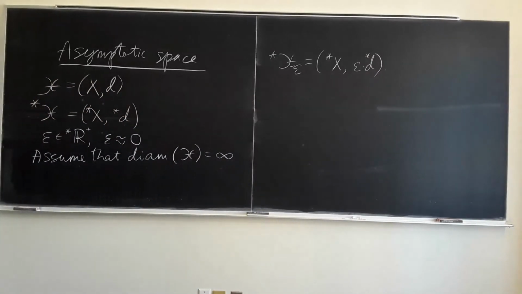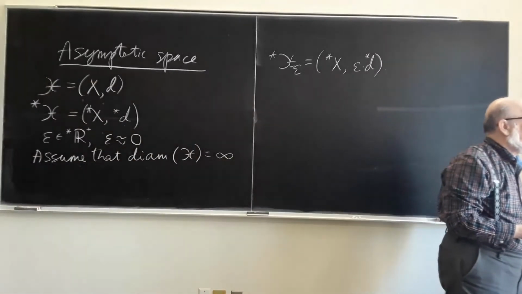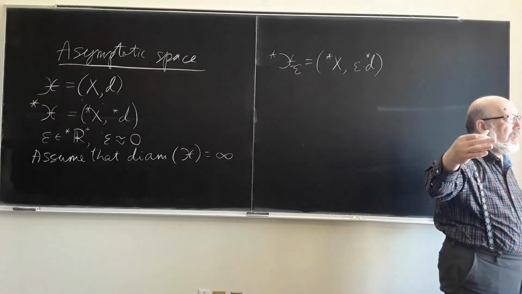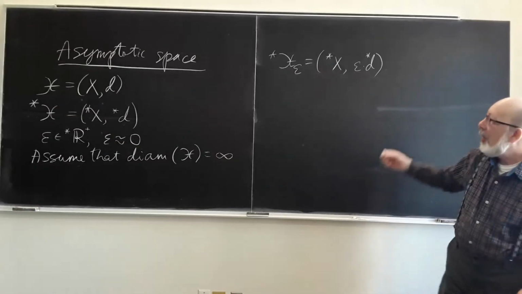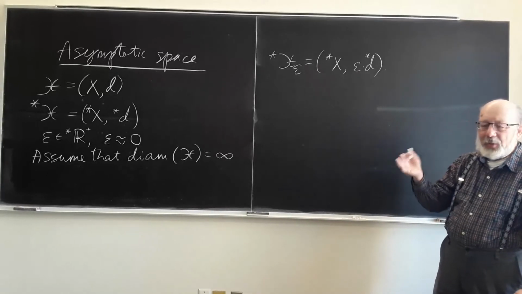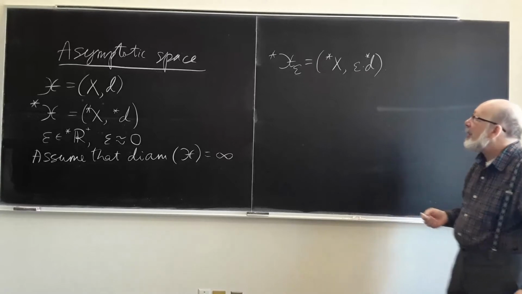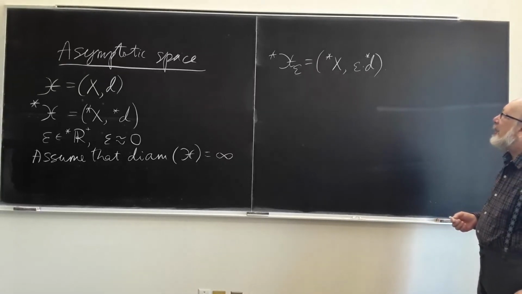Then it is also an unbounded set. It means that for any non-standard number there exists a pair of elements in star X such that the distance is more than this number. So it is also an unbounded set.